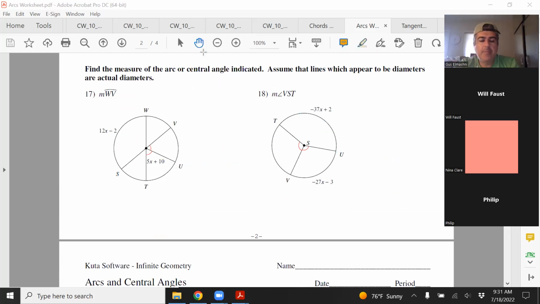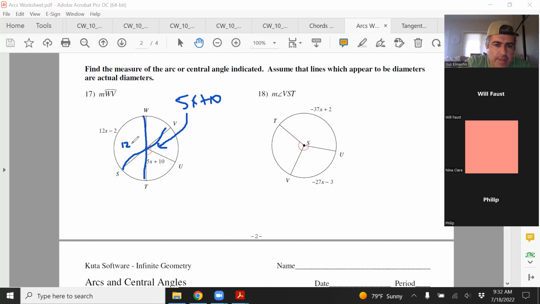For 17, 12x minus 2. Well, first of all, this is also 5x plus 10. And these are two lines that intersect.